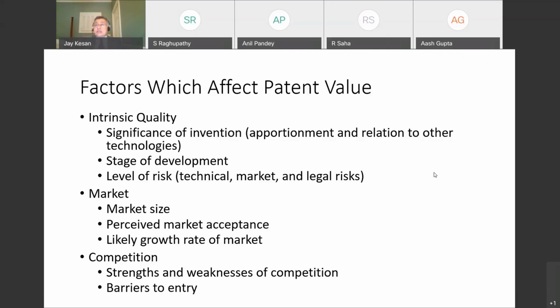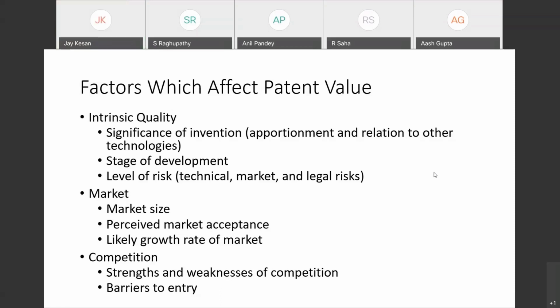How does your technology stack up? Maybe you have a patented solar array. How does your solar array compare to other solar arrays made by other people? What is the kind of superiority that you're able to extract from your patented technology?